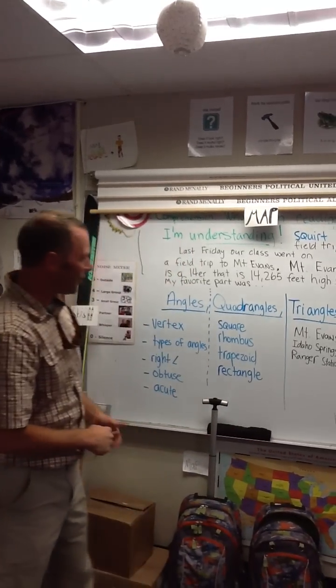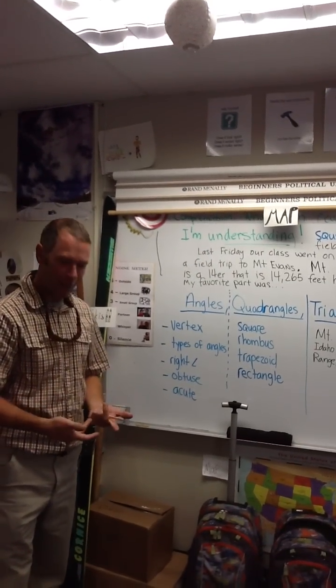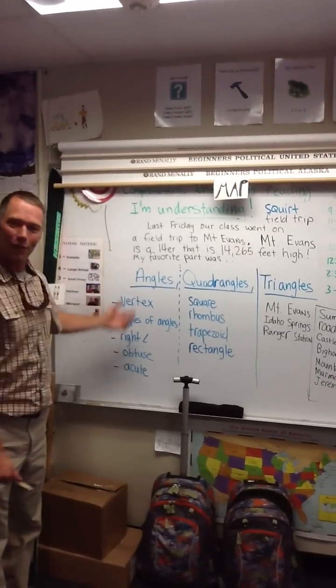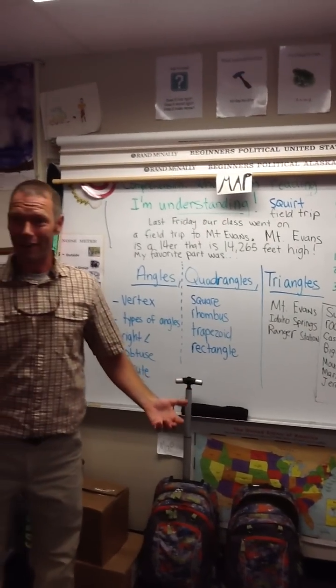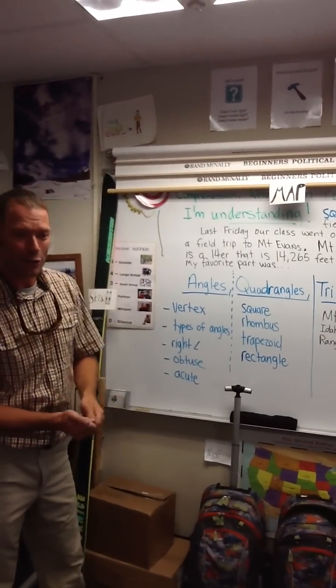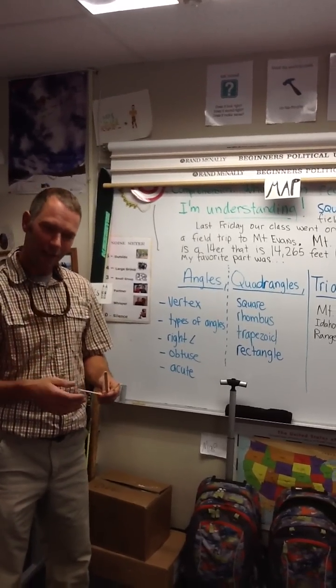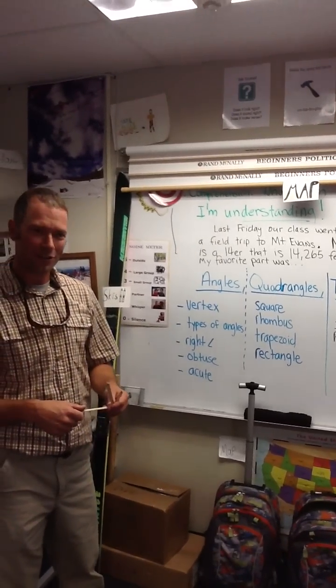But what I want to cover tonight in our flipped classroom is dealing with angles. And angles are really neat because they're everywhere. What we're going to do is take some of our knowledge with line segments and convert that to angle understanding.